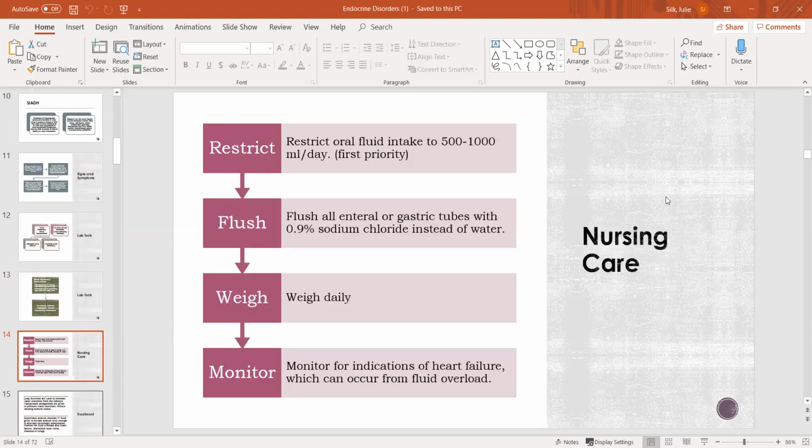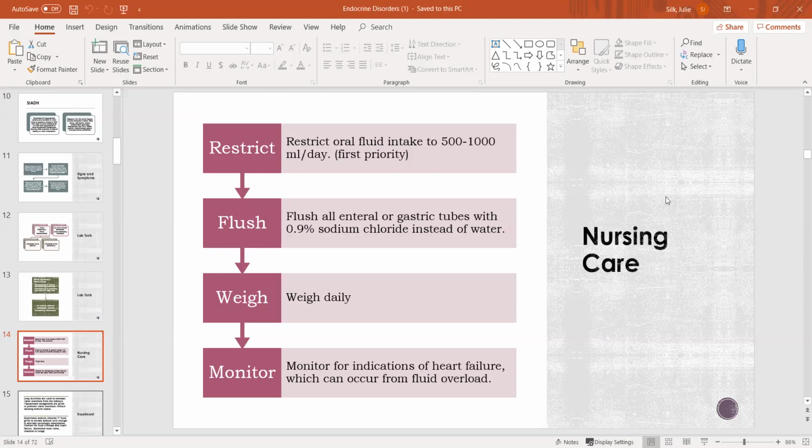Then again, think about some of the things you would do for someone who had fluid volume overload. We're probably going to do a fluid restriction, right? With this one, it can be pretty extreme, 500 to 1,000 milliliters a day, and that's probably going to be one of the first things you do.